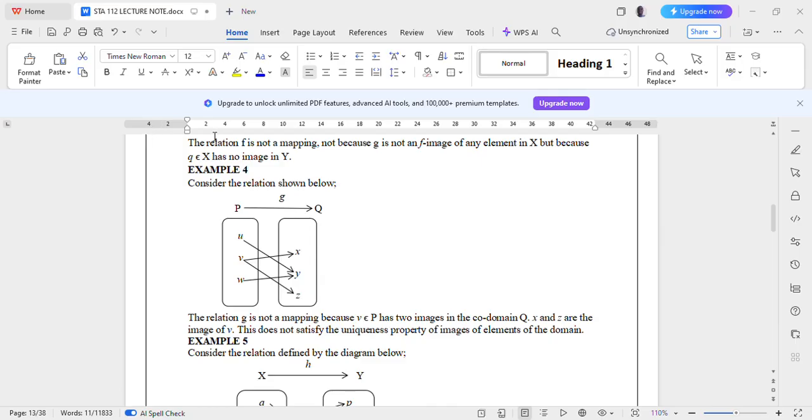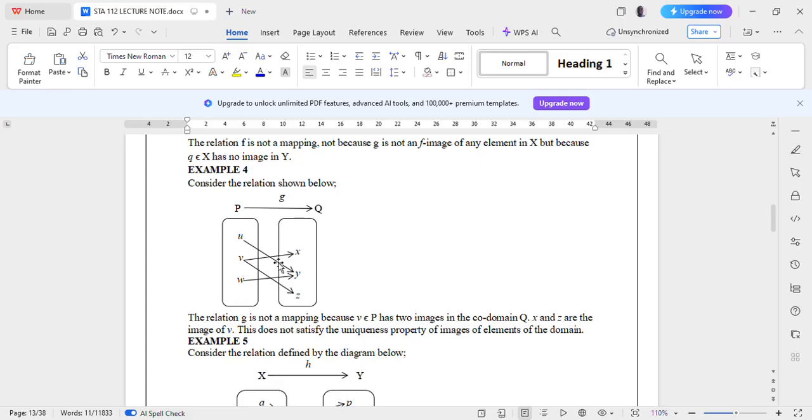Look at this. When x is 1 and when x is minus 1, it is possible they have the same image. But here you could see that V claims to have two images. It is not possible. V cannot have two images.